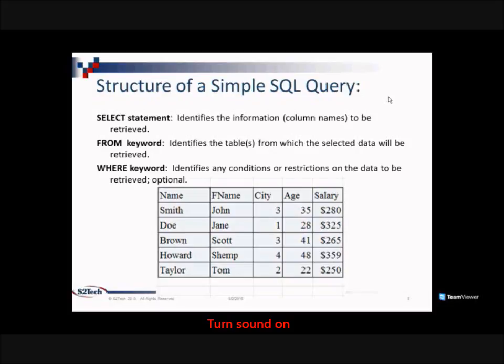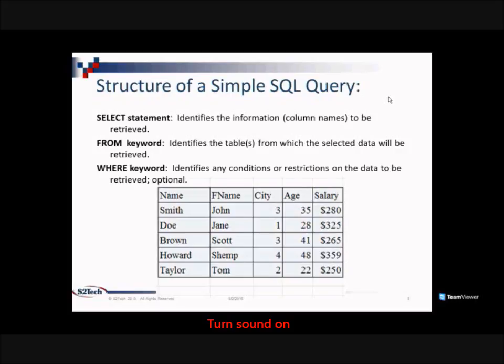Now, I may also want to see their city code and their salary as well. So whichever of those 5 columns I wanted to see in the data returned from my query, I would list in my select statement by column name. The from keyword identifies the table or tables from which the selected data will be retrieved.